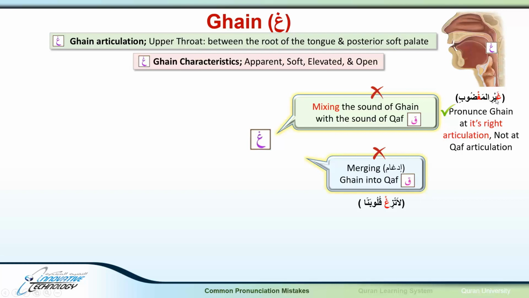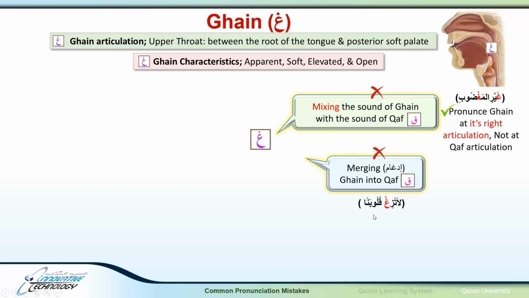In here it was a ghain that we exchanged with a qaf. So here, in the second example, the ghain followed by the qaf. So some people would tend to eliminate the ghain and directly merge the two letters together, taking the ghain into the qaf and merging it, and that's what we call idgham. So saying لا تزغ قلوبنا is wrong.